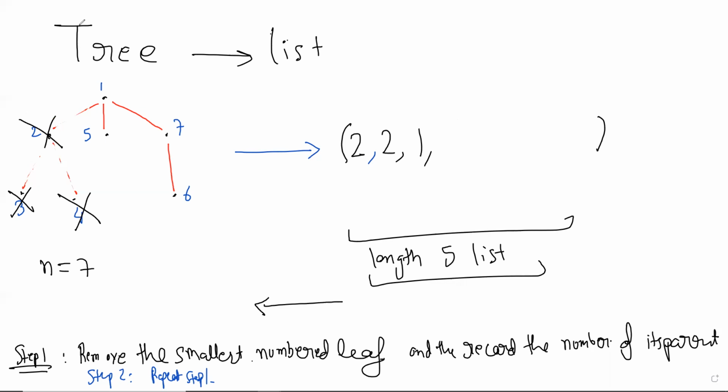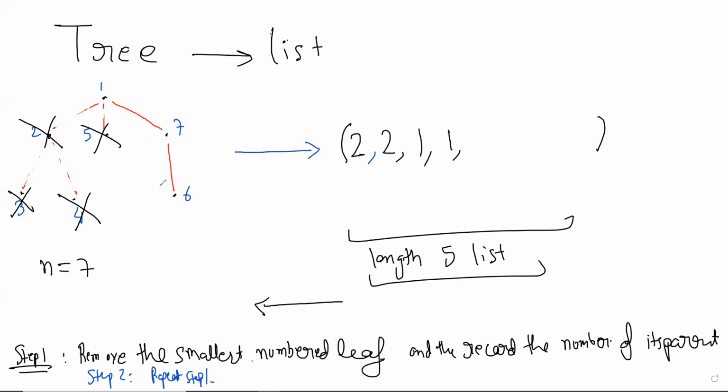Now it's obvious how to proceed. The next is 5. Right? 5 is the smallest, so we will remove the edge, and we'll record the number of its parent. That's important. Okay. The next is 6, right?